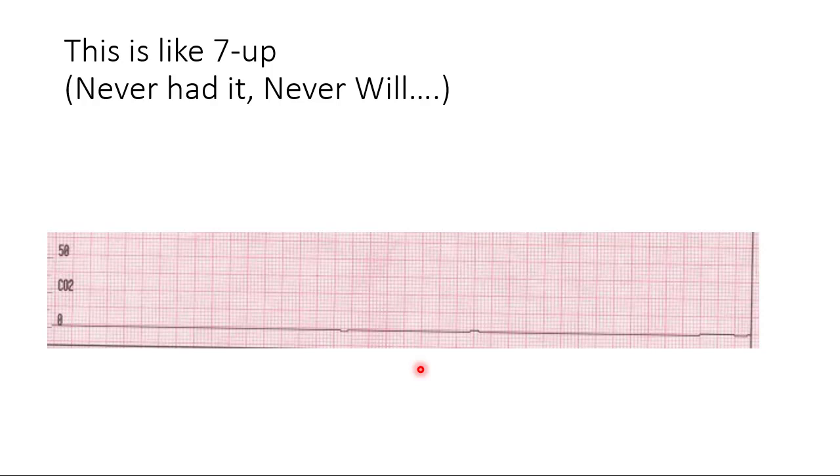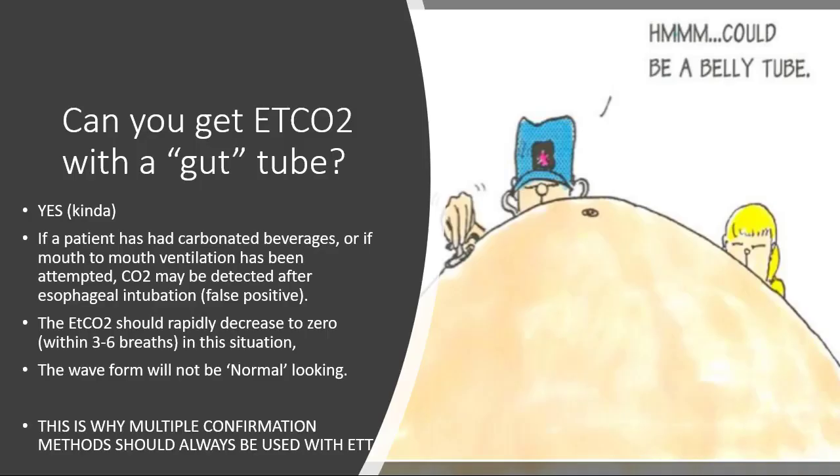So I get asked, well, can you get end-tidal CO2 with a gut tube? Kind of. So if the patient has had lots of carbonated beverages which have CO2, or if mouth-to-mouth ventilation has been attempted before they are ventilated, you may have some CO2 in the gut, and you may detect a false positive with a gut tube, but it should rapidly decrease to zero within 3 to 6 breaths, and it will not be normal looking.